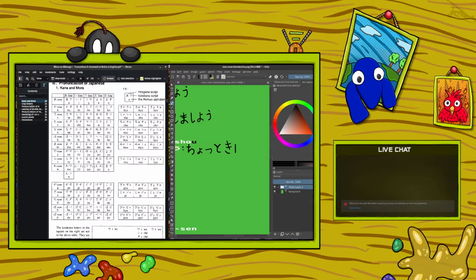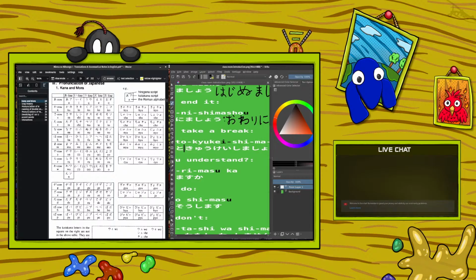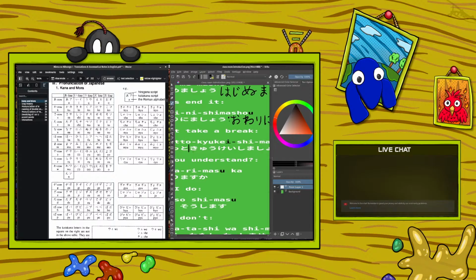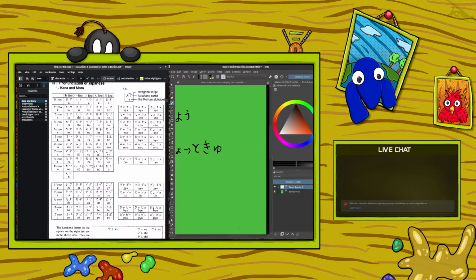Oh wow, so it's a V and then it's a stripe. So now we have kyu, and then we're gonna go for ke. Ke is that one up there.